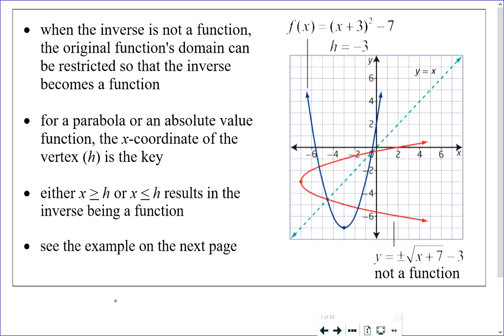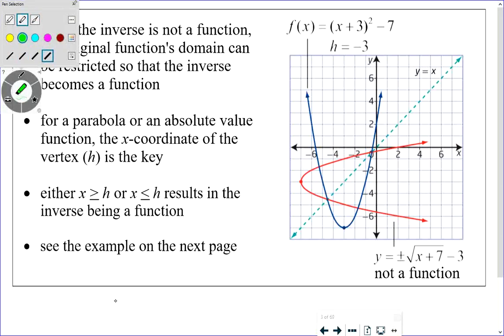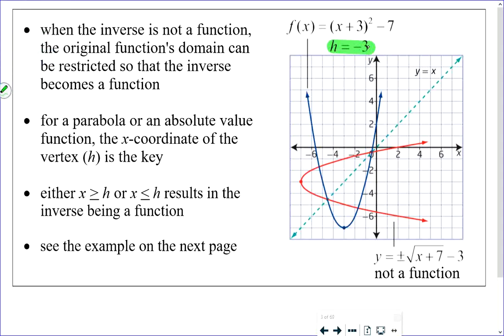So this is saying if you were allowed to, how could we restrict the domain of the blue function? And the key for parabolas anyway is the value of h. It's where the vertex is horizontally. If that has an h value of negative 3, that means the vertex is over here at negative 3.